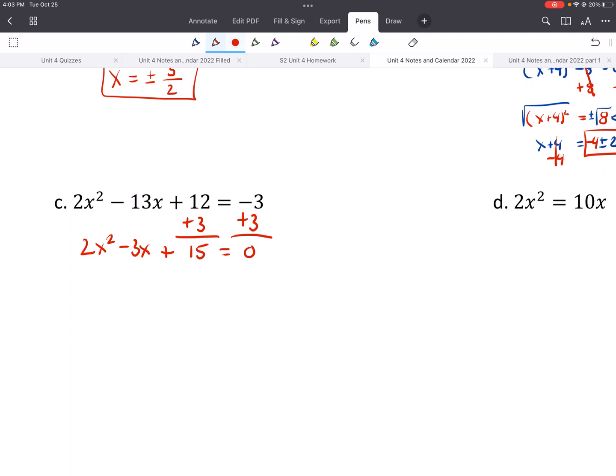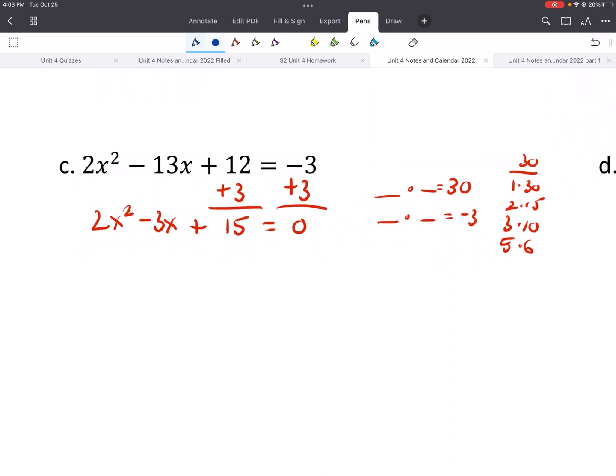I don't think it's factorable, so it has to multiply to 30 and add or subtract to give us negative 3. So for 30 we could do 1 and 30, 2 and 15, 3 and 10, 5 and 6. So nothing like that would make that work. So here we're going to have to use the quadratic formula.